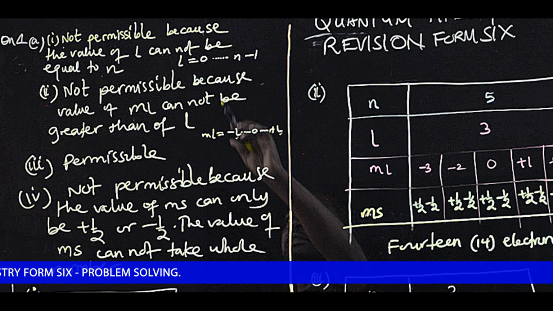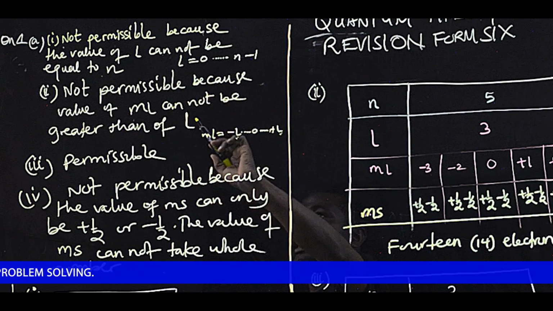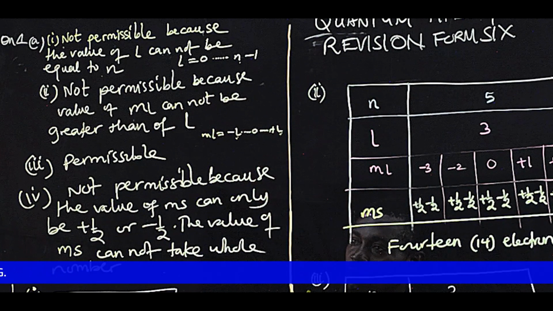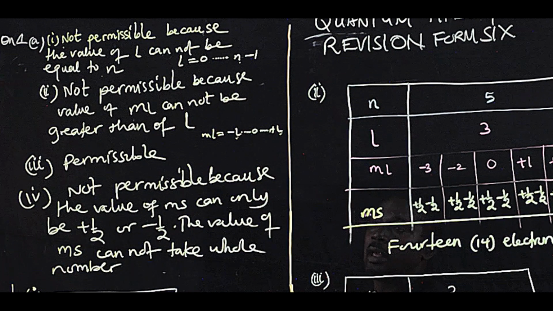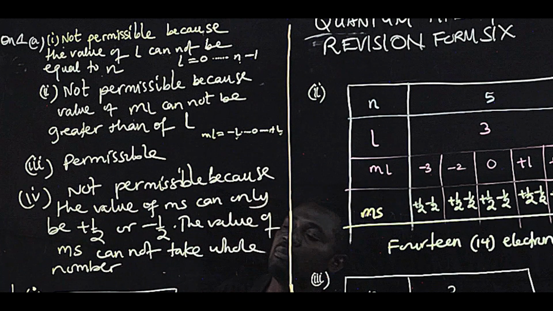By using this expression, the value of l for any given n should be smaller than n. So l equal to 1 is smaller than 2. ml, of course, is smaller than the value of l. ms is positive half. The given 4 sets of quantum numbers are permissible.